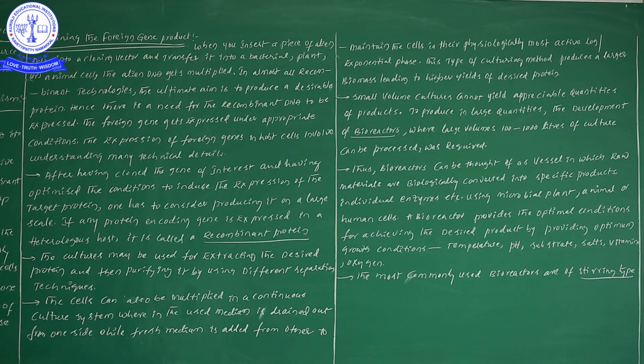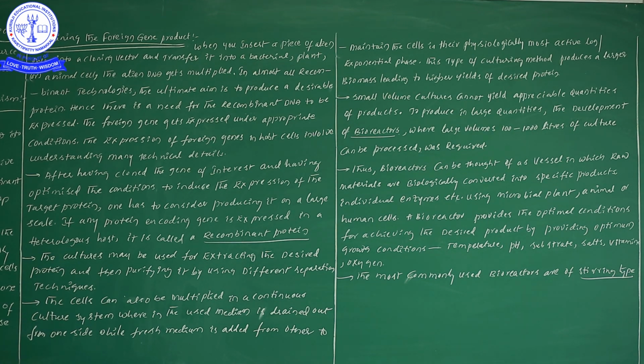Likewise, in this continuous culture, when you maintain the cells with the most physiological activity, this type of culturing method produces larger biomass, leading to a higher yield of the desired proteins.